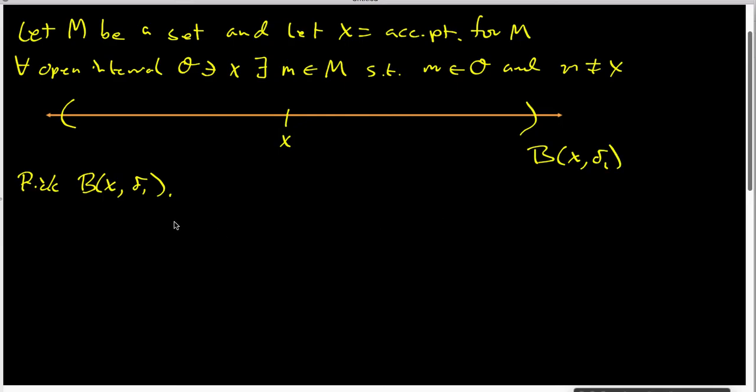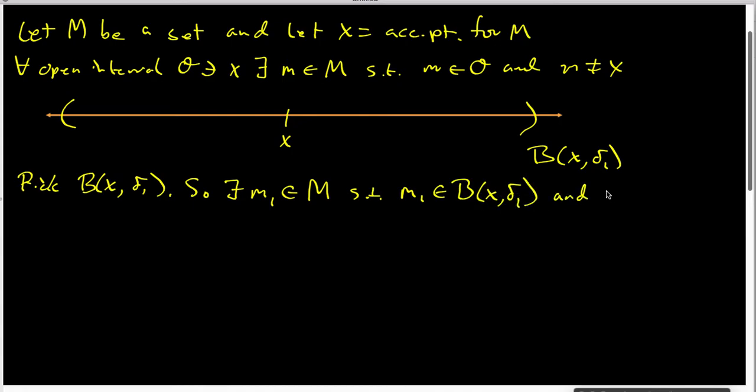Now a delta ball, of course, is an open interval and it contains X. So because X is an accumulation point, there exists an M1, I'm going to call it, inside set M, such that M1 is inside this delta ball and M1 is not equal to X. So I'm going to put in a point somewhere. This is going to be M1.